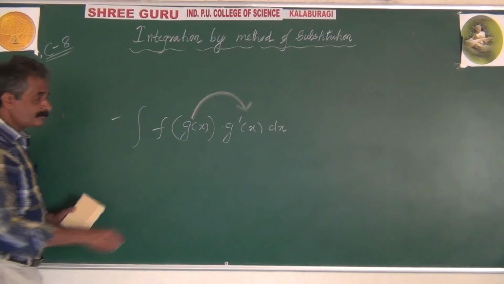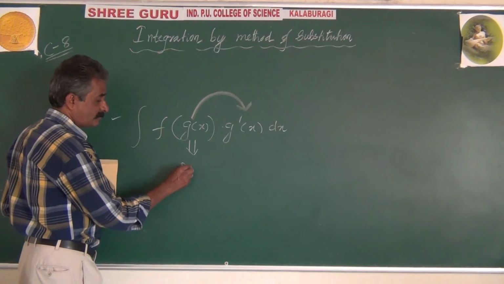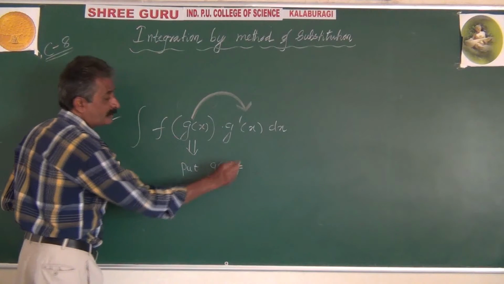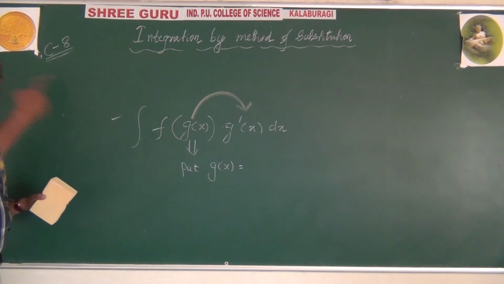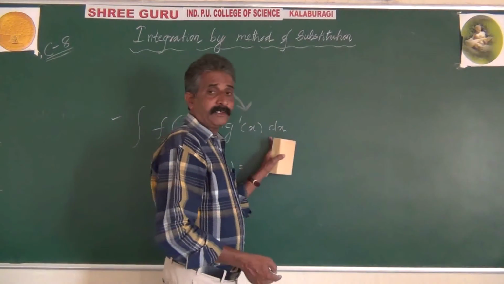So now we need to take the substitution for g of x. Put g of x equal to t, but you have to put g of x in terms of another variable, not the present one. The present one is x.